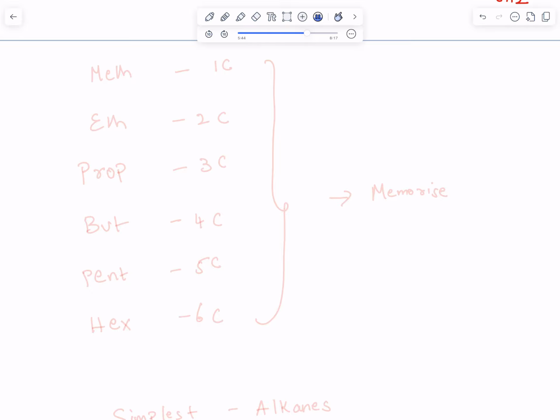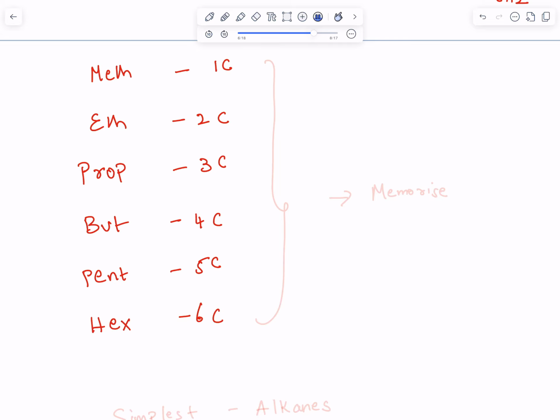These are words which come from Greek or Latin roots for the number of carbon atoms. So meth is 1 carbon, eth is 2 carbons, prop is 3 carbons, but is 4 carbons, pent is 5 carbons, and 6 carbons is hex.